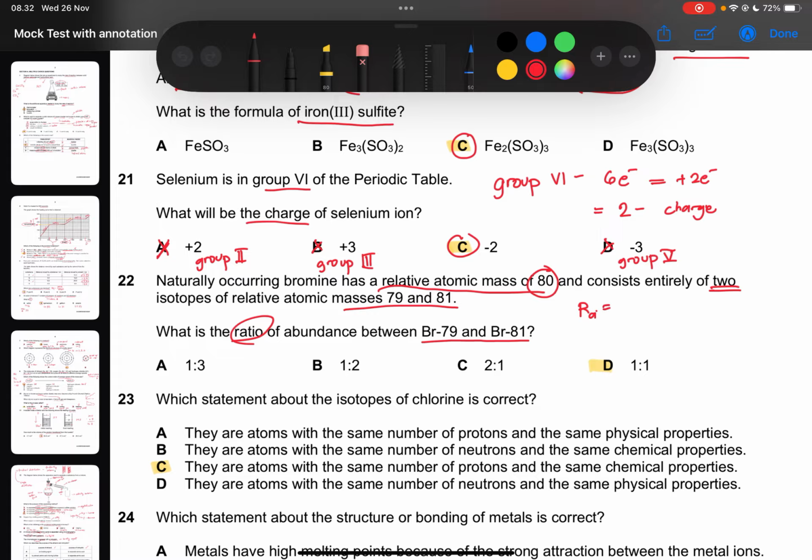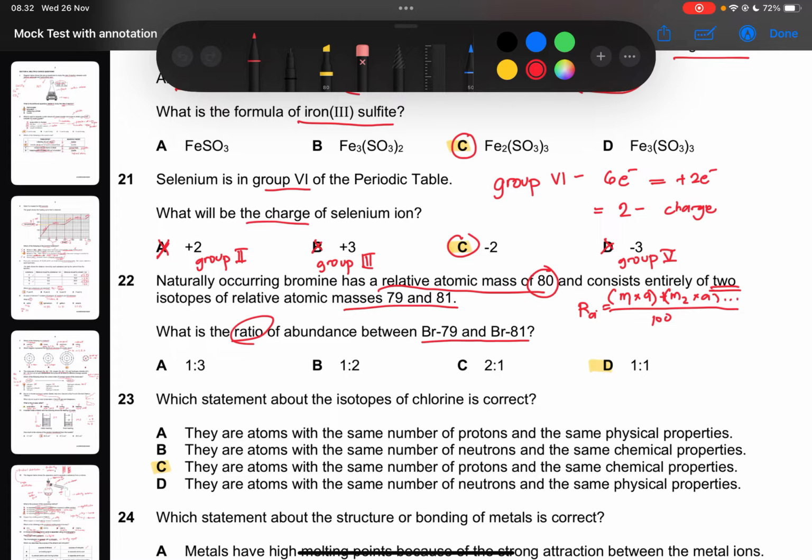So the relative atomic mass is equal to the mass of the first isotope multiplied by the abundance of that isotope, added to the mass of the second isotope and the relative abundance of that second isotope, and so forth, divided by 100. So you can also assume that there are 100 atoms, just like in this case.